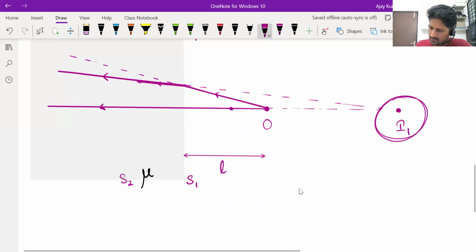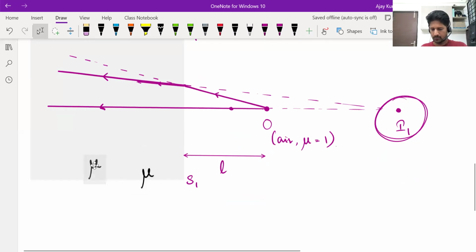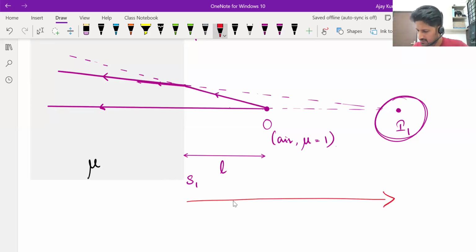Object is in air. You all know air refractive index is 1. Assume glass refractive index is mu. Okay, exact value is not given to you. Take it as mu itself. The object is at a distance L from the first surface of the glass slab, as you can see in the diagram. So that's the actual distance. One of you tell me, use that apparent depth formula and tell me how much is the distance of I1 from the first glass surface?